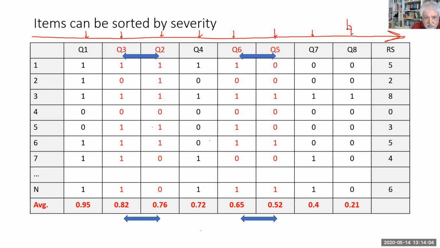So this would be B8, sorry for that, B7, and so on. So I do have positioned my items, but now I want to position the respondent.